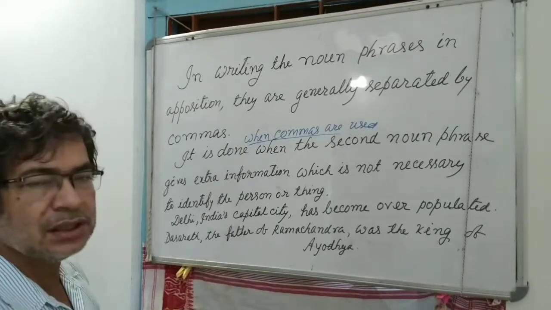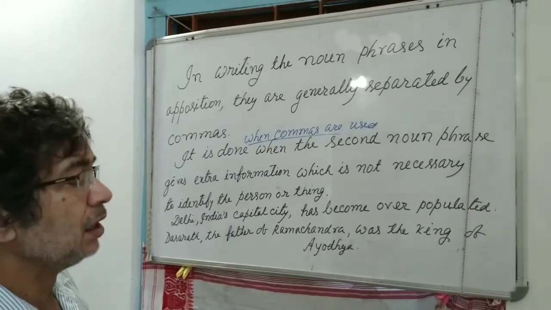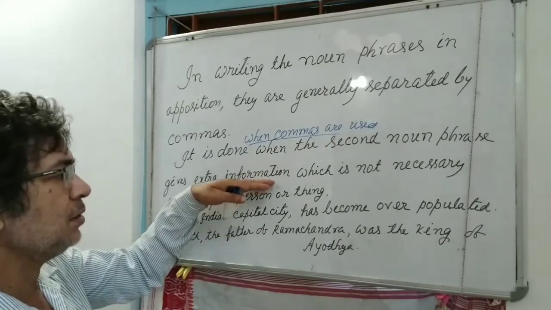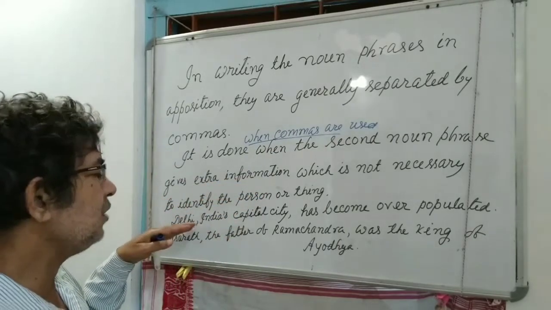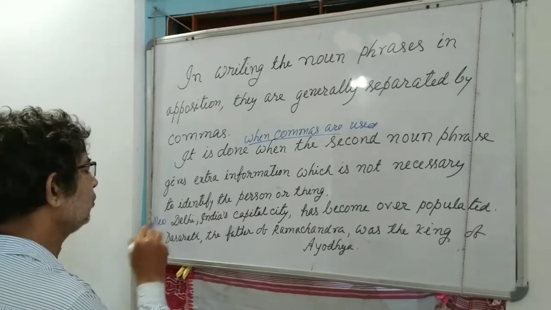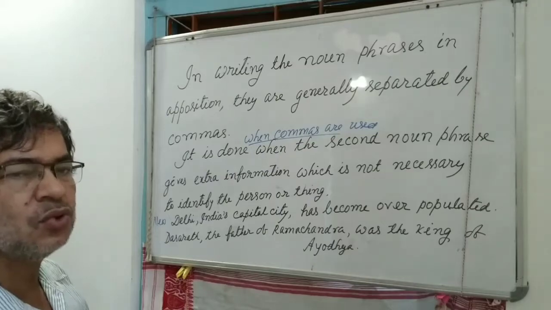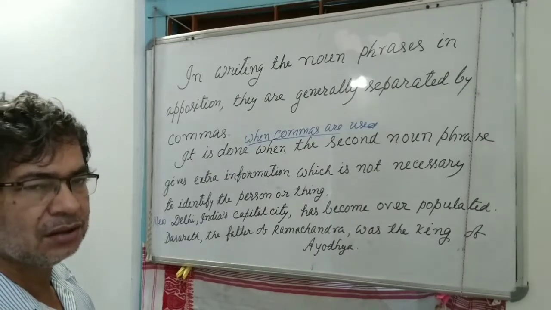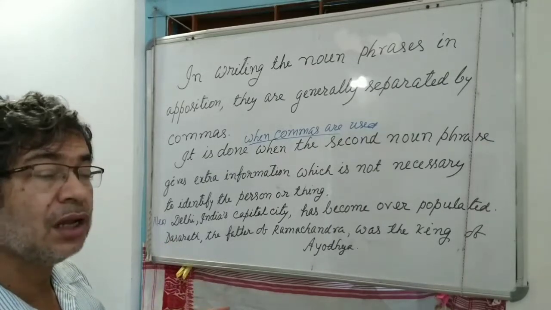We all know that Delhi is the capital of India. This information is not necessary to identify Delhi, or you can say New Delhi, because there is no other New Delhi. There is only one New Delhi.